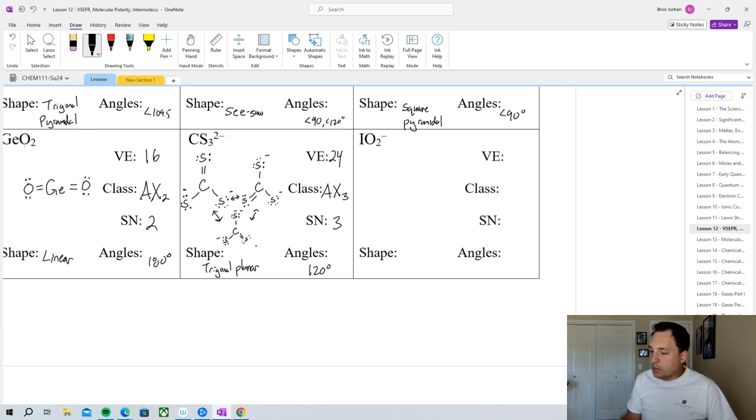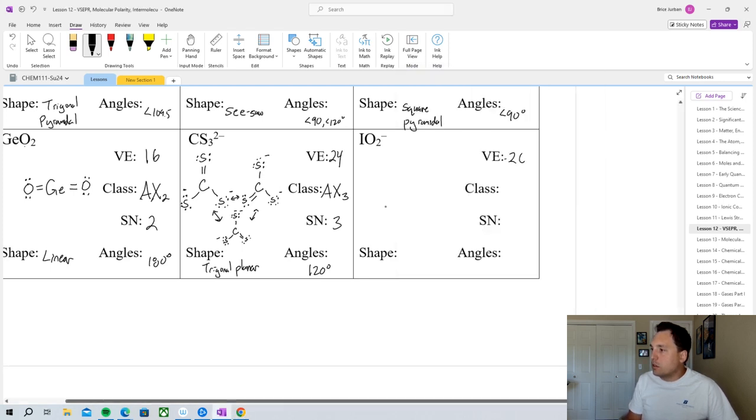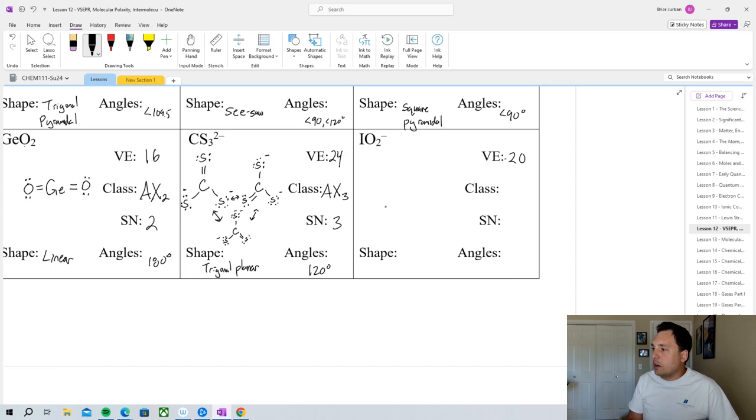All right, our last hard example here is IO2 minus. And this will have a total of 20 valence electrons. And each of the oxygens will need 8. So we're going to have 2 lone pairs that we need to put on the iodine to distribute those remaining 4 electrons.